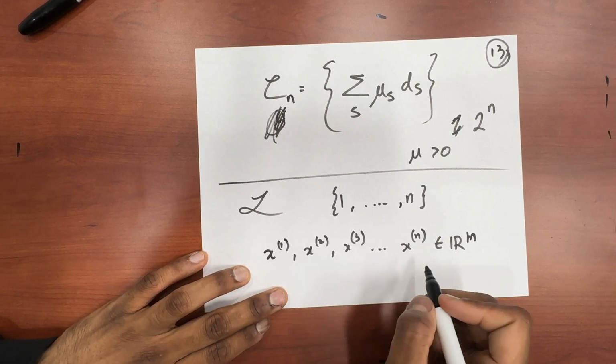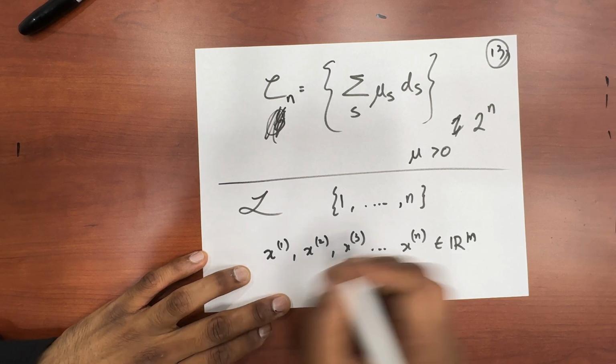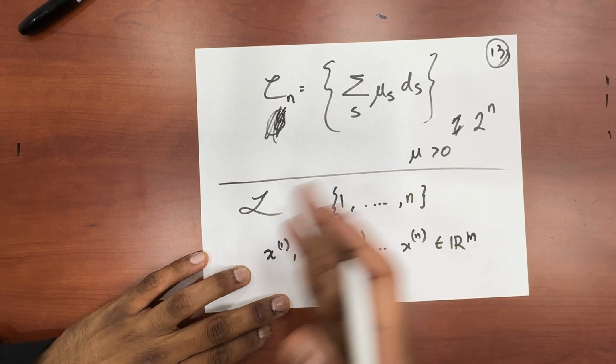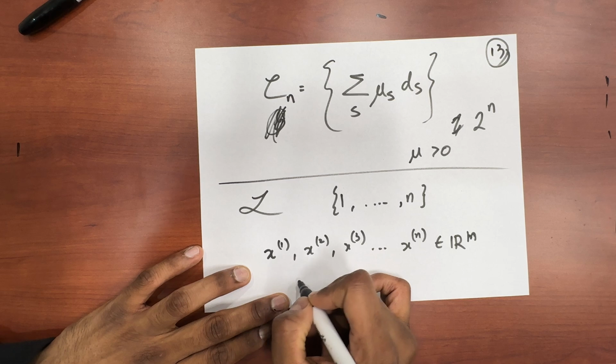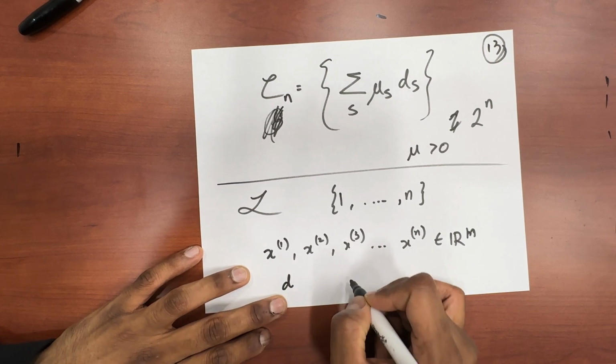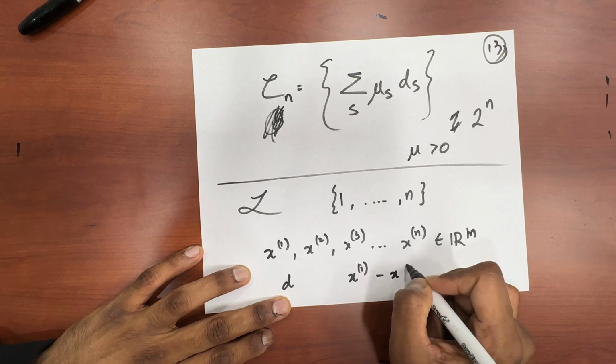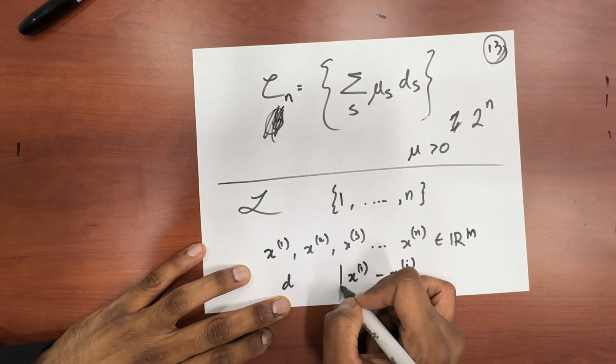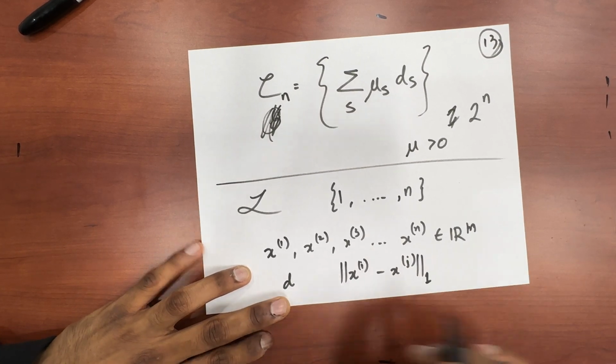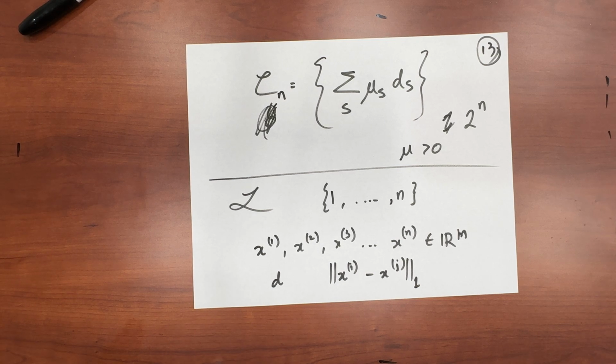So all possible such metrics, where we define the distance function as the L1 distance between two points, right? All possible n-point, m-dimension L1 metrics.